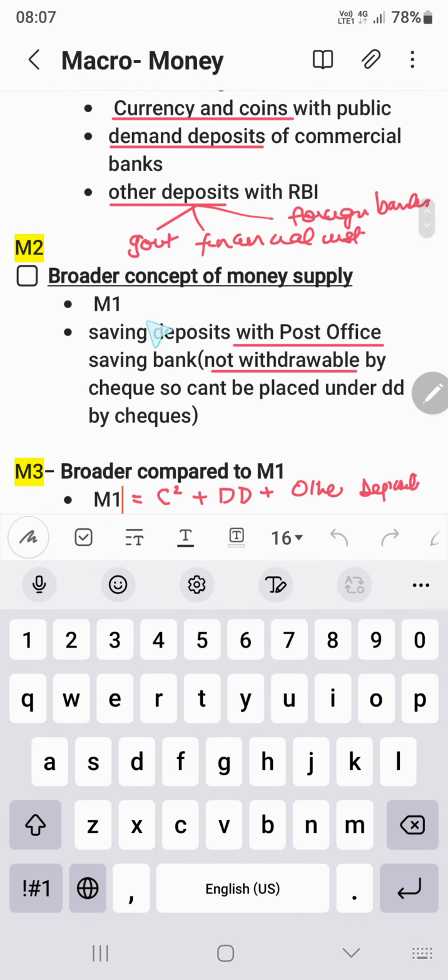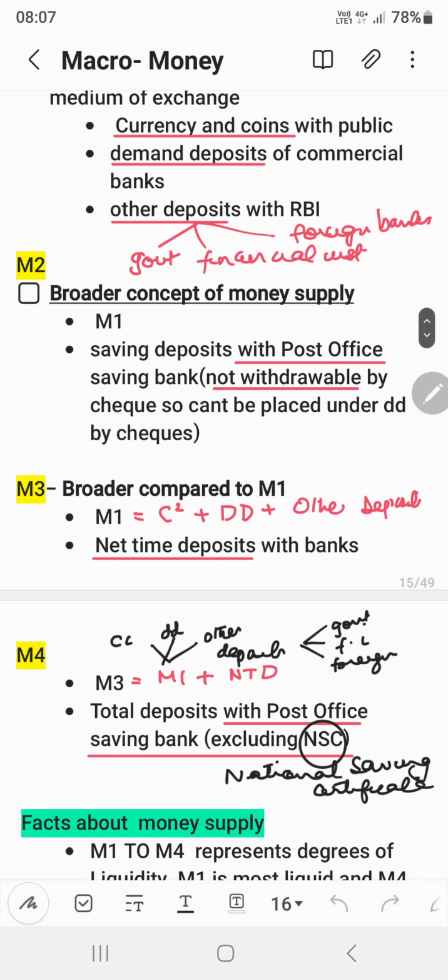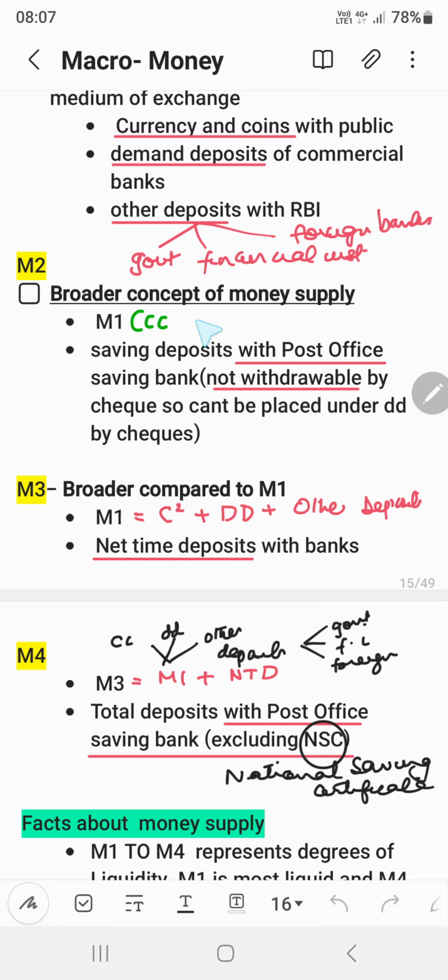So M1, as we have studied, M1 includes three things. These are currency and coins with public, plus demand deposits of commercial bank and other deposits of RBI, and just now we said that the other deposits of RBI include those deposits of RBI which are held by RBI on behalf of the government, on behalf of financial institutions and on behalf of foreign banks.